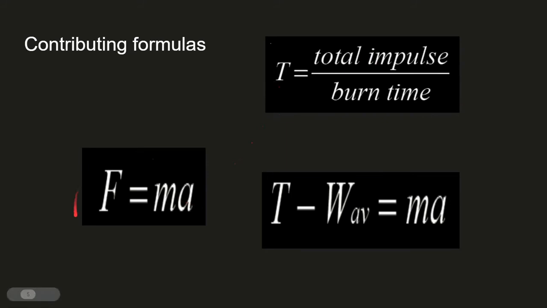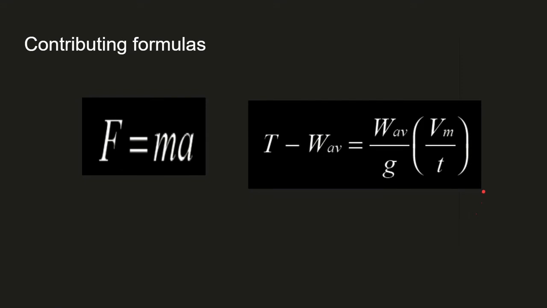Then we can look at Newton's second law, F equals ma. We can replace F with thrust minus the average weight. The difference between those is our net force acting on the rocket, and that's equal to the mass times the acceleration. Now we can look at the other side of that equation, mass times acceleration. We talked about mass being equivalent to the weight divided by the gravity, and our acceleration is the average velocity divided by the burn time.